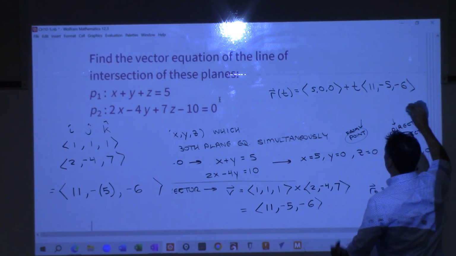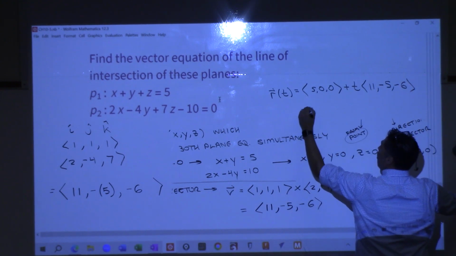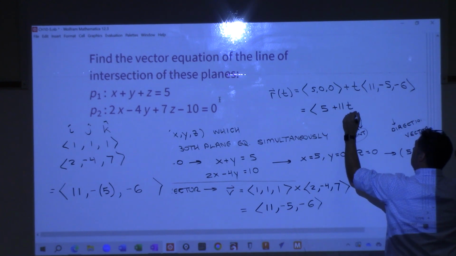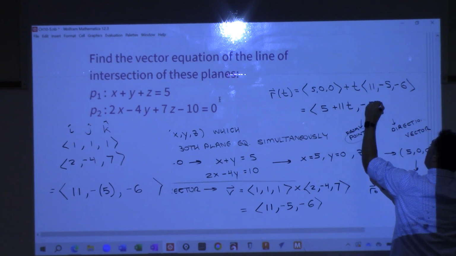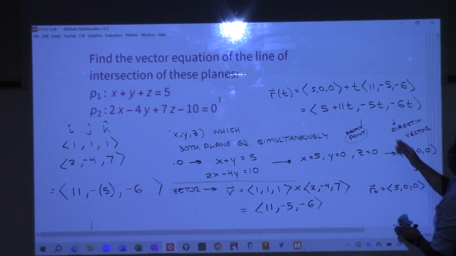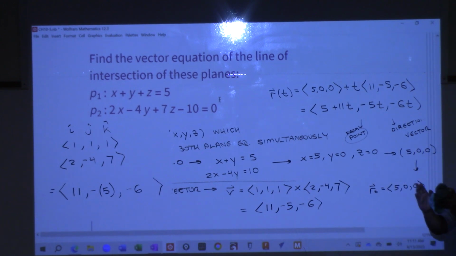If you wanted to, you could push the t through and put everything together and give me one vector, which would be 5 plus 11t, minus 5t, minus 6t. That's just pushing the t through to each of those and then adding the two vectors component to component. Make sense? Okay.